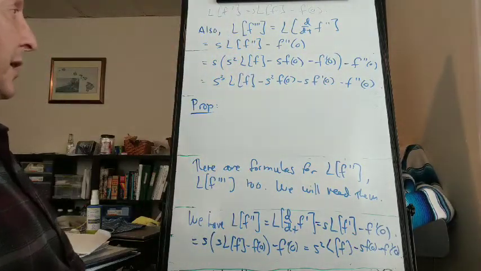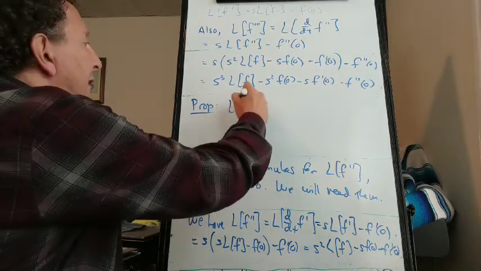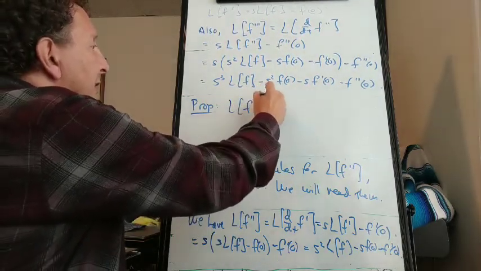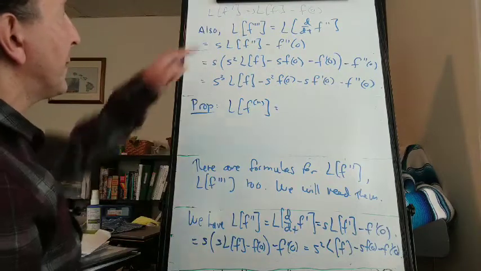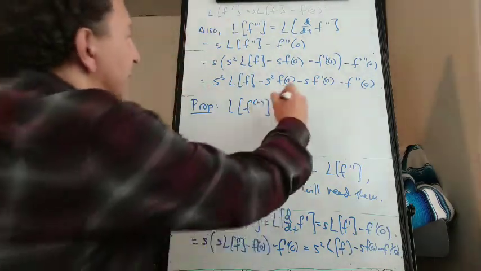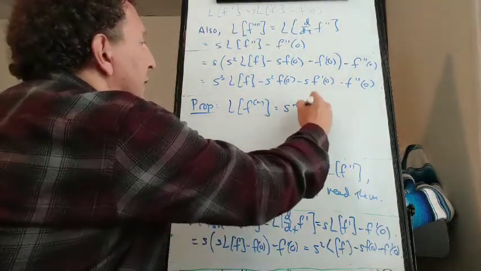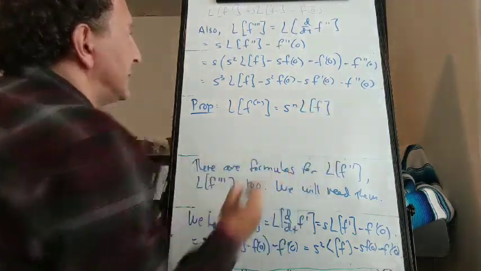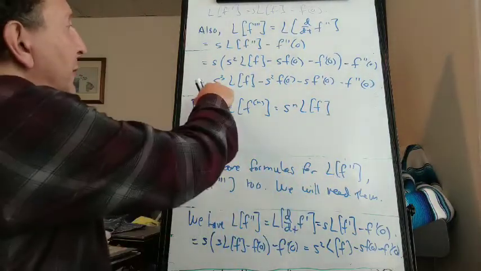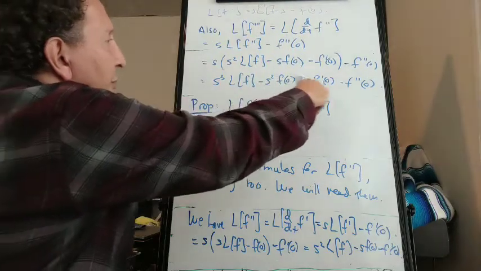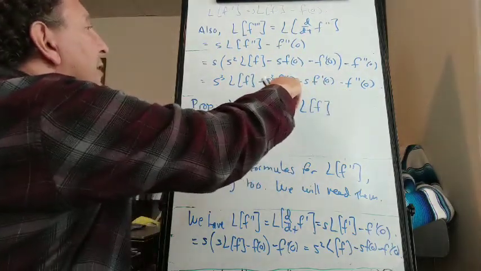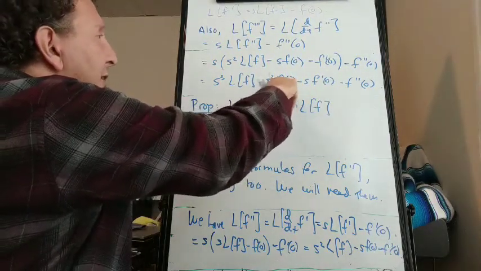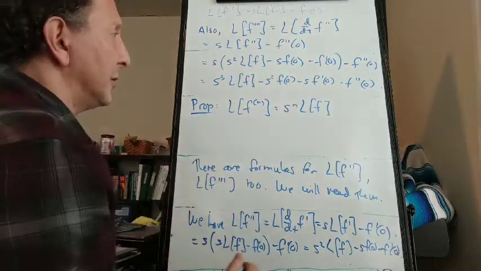Alright, so it looks like we have a pattern here. If we take the Laplace transform of the nth derivative, then we get s to the n times the Laplace transform of f. And then we keep taking smaller powers of s and subtracting evaluations of f and its derivatives at 0.